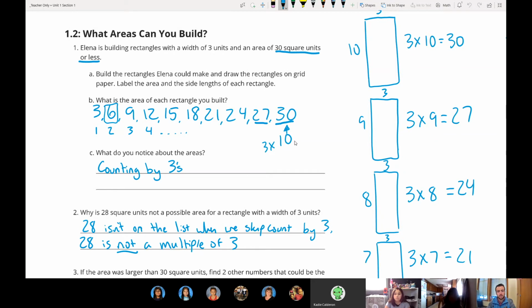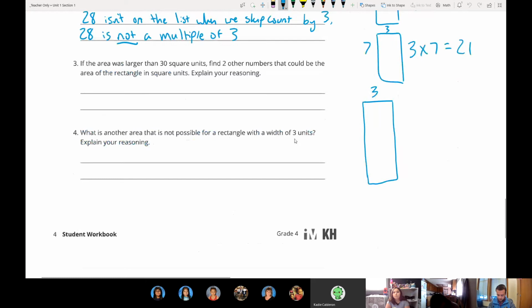So if we know 3 times 10 gives us 30, we need 3 times something bigger than 10 to give us bigger than 30, right? 3 times 11. There we go. That's an example. So 3 times 11 gives us what?